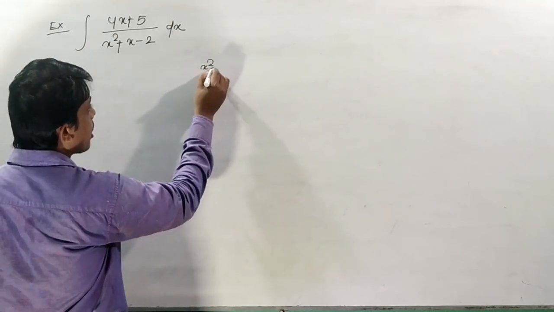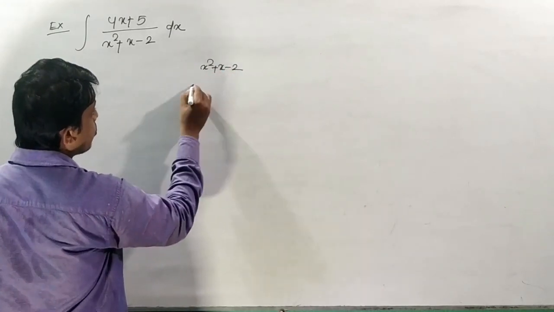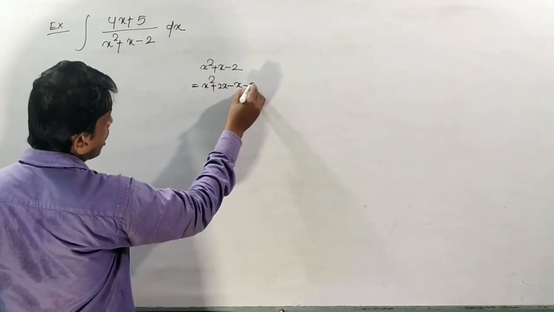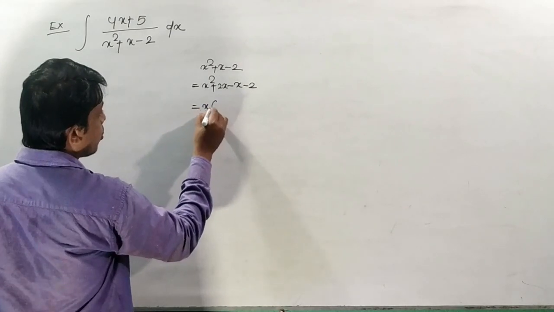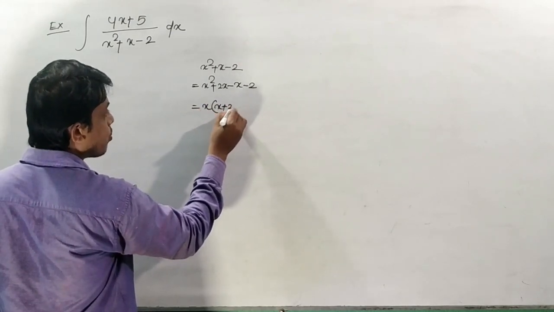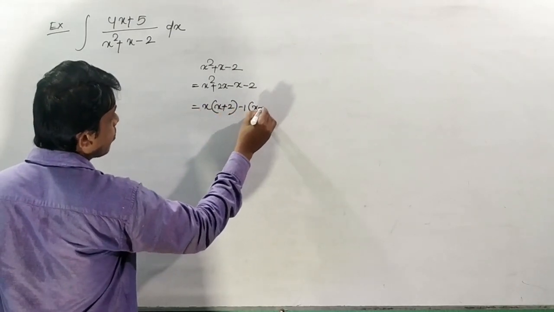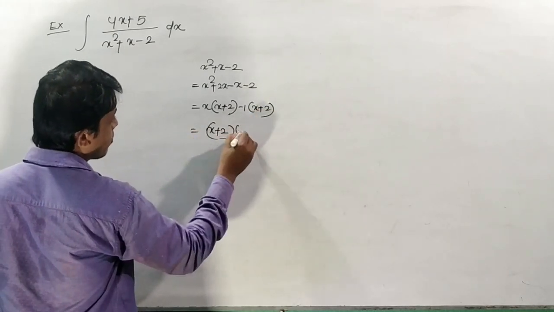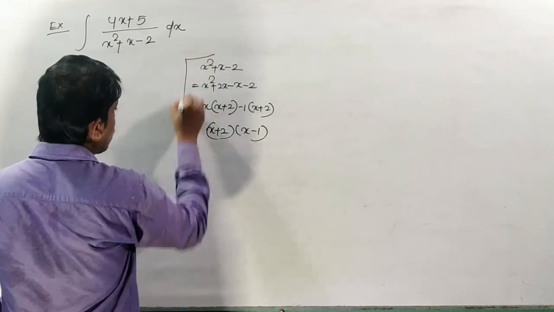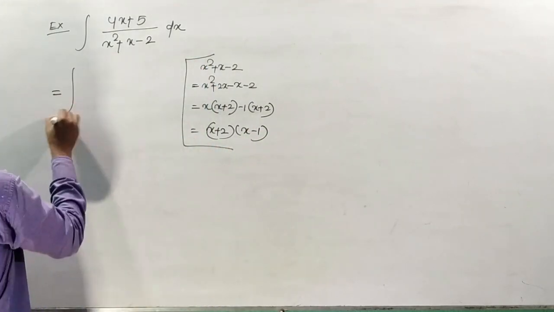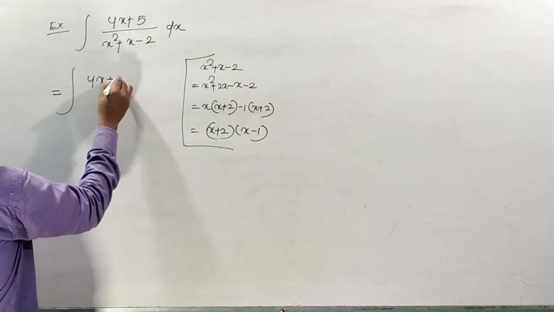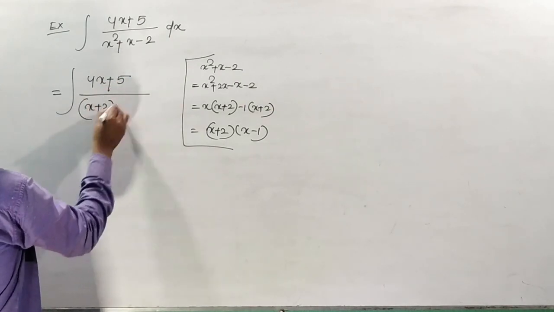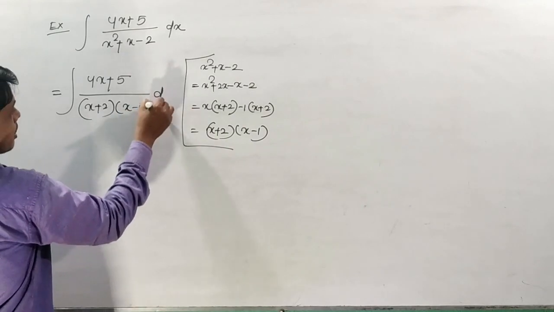Now x square plus x minus 2 is your x square plus 2x minus x minus 2, which is equal to x into x plus 2 minus 1 into x plus 2, which is your x plus 2 into x minus 1. Now we can write this as integration of 4x plus 5 by x plus 2 into x minus 1 into dx.